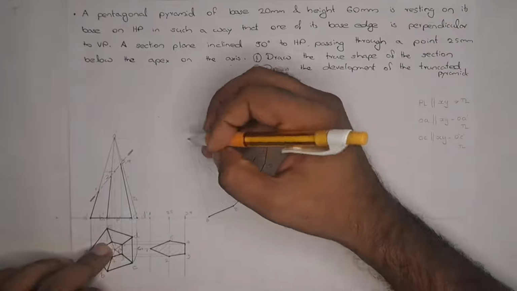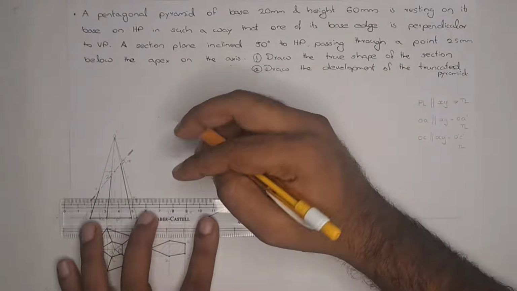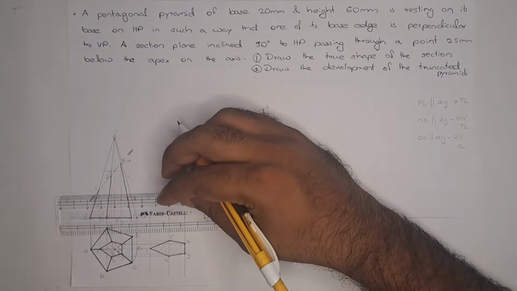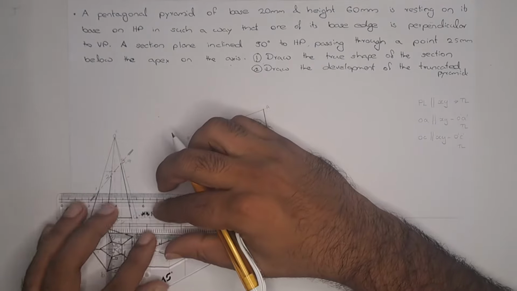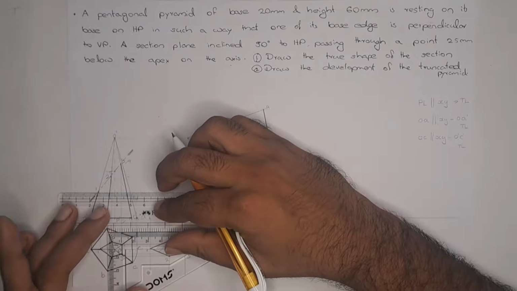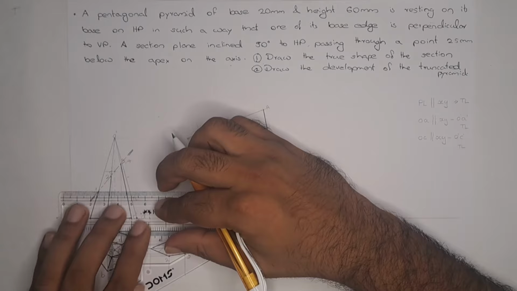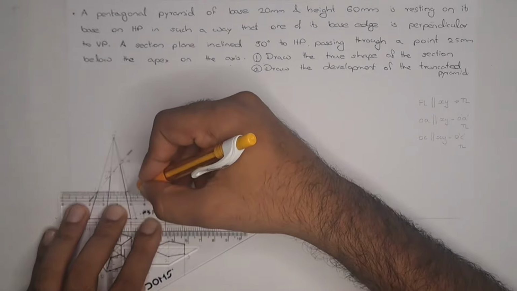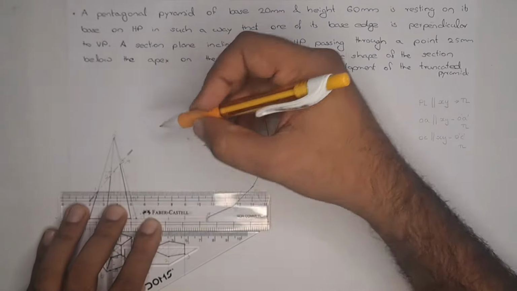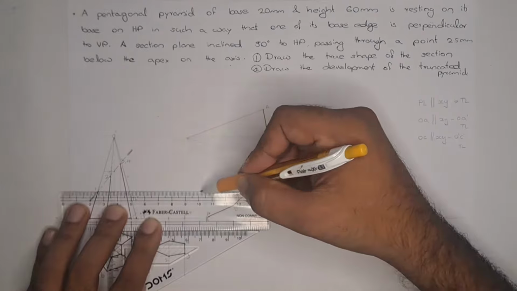Since it's parallel, we can directly go to this line. Otherwise, we need to set the distance over here, then mark it here.